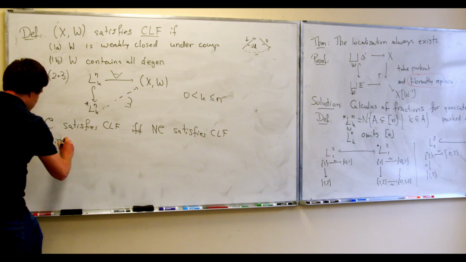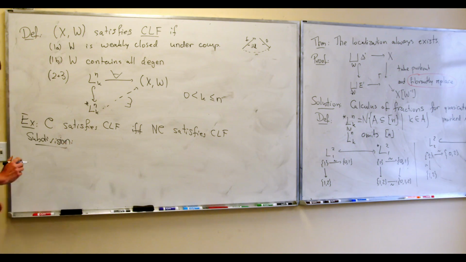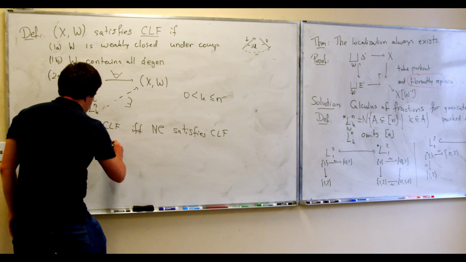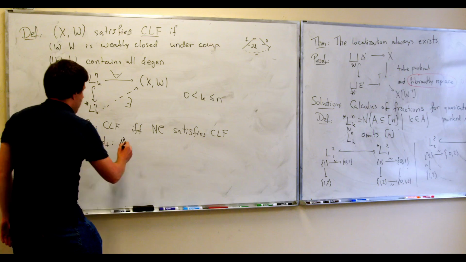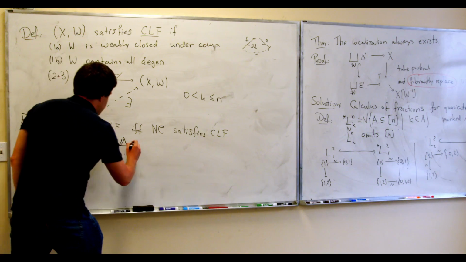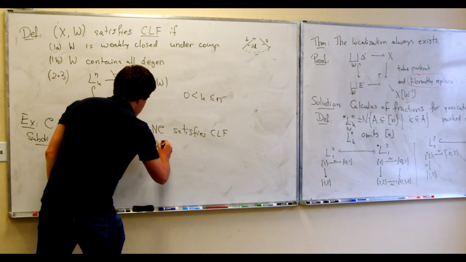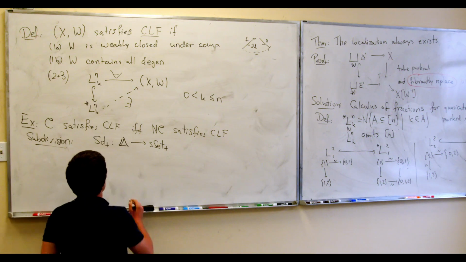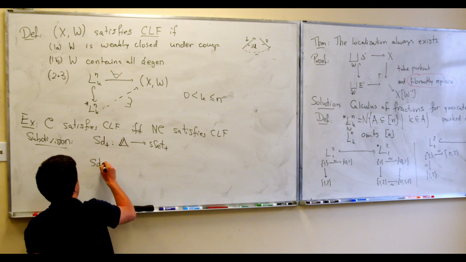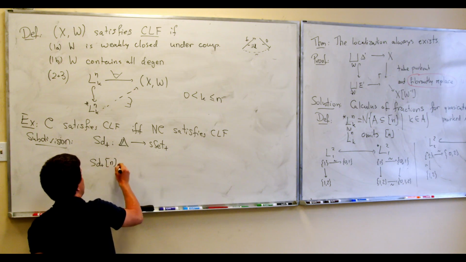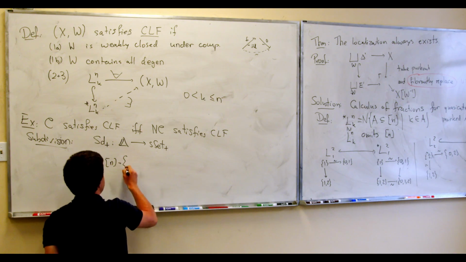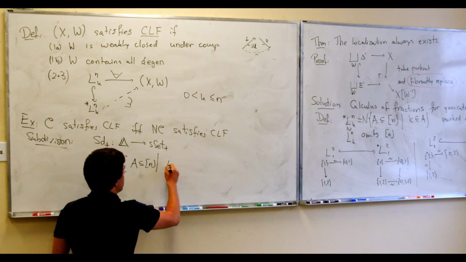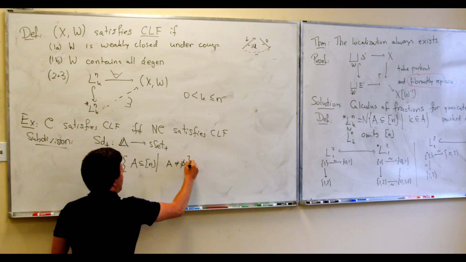And I know that I'm out of time, but I really want to tell you very quickly what is happening here. So we have this cosimplicial object SD plus, from Delta to marked simplicial sets. Maps of marked simplicial sets are simplicial maps that also preserve the chosen edges. And what SD plus does is, at n, we're going to take subsets A of [n] such that A is not empty.